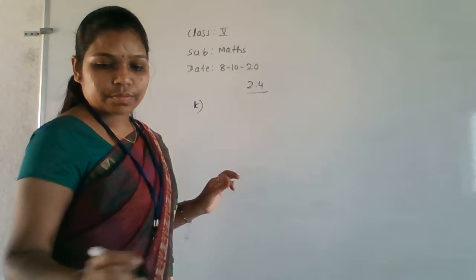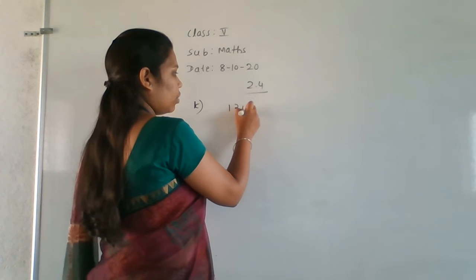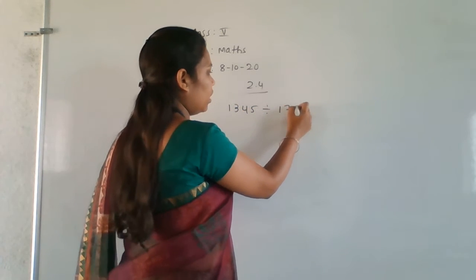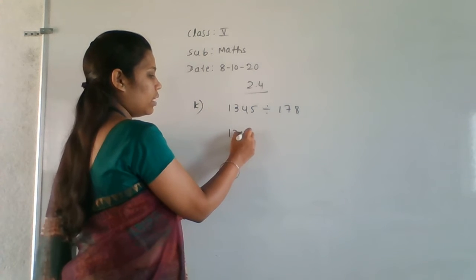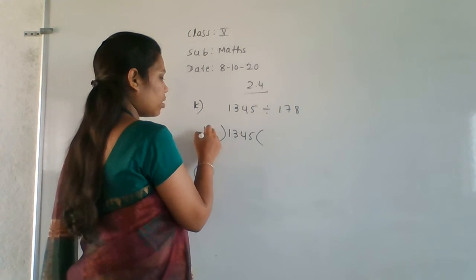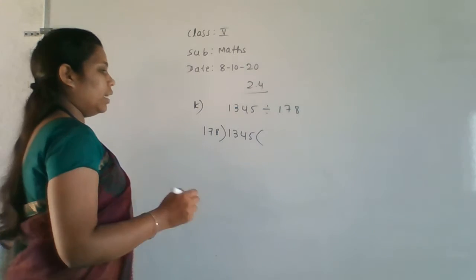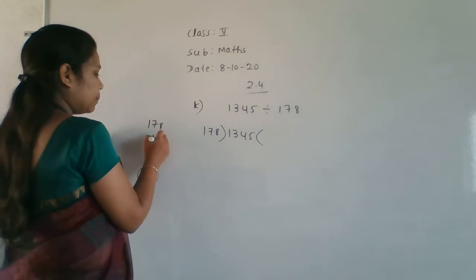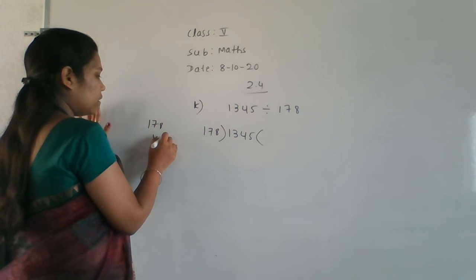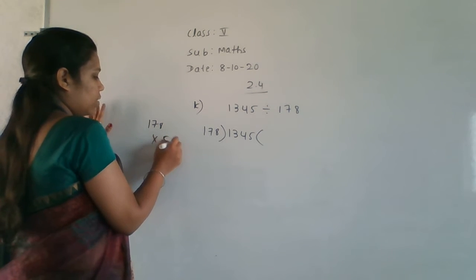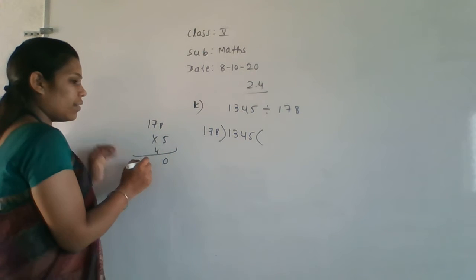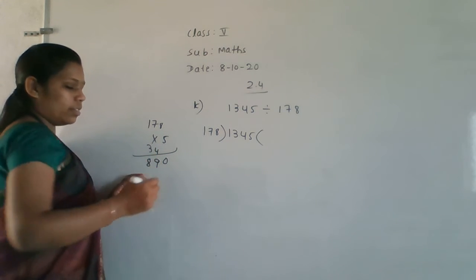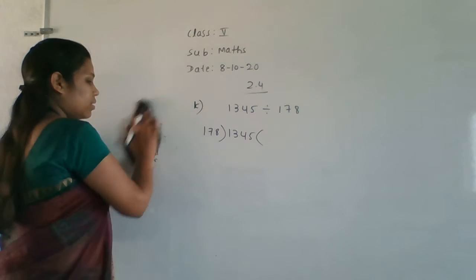Next go for the next problem, that is case 1. Case 1. 1345 divided by 178. So now divide here 178. Okay. So 178, take with the 5. 5 8s are 40, 5 7s are 35, 39, 5 1s are 5, 5 plus 3 is 8. We can't take. Okay. Next 6 is a smaller value.